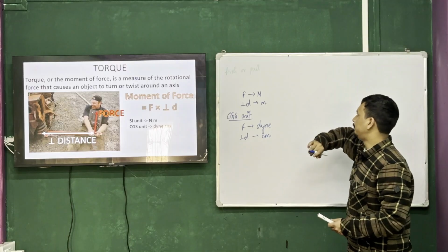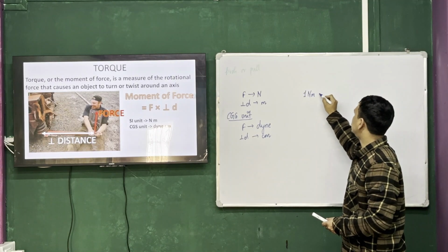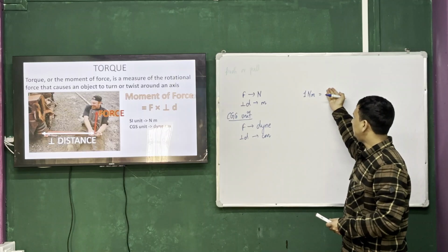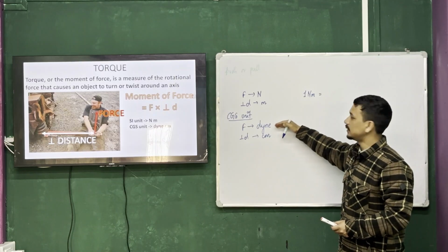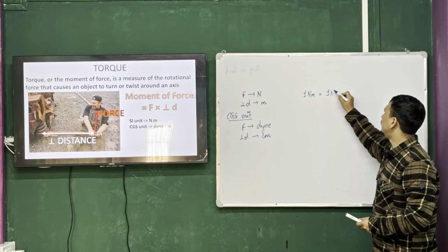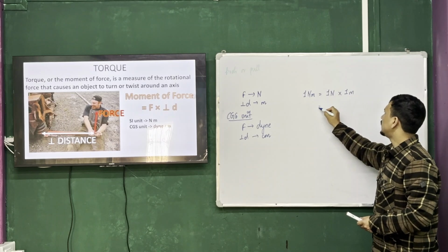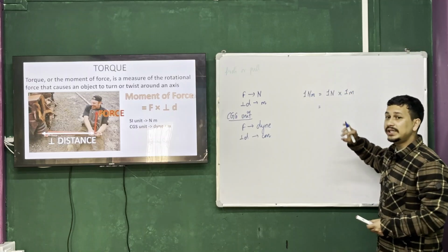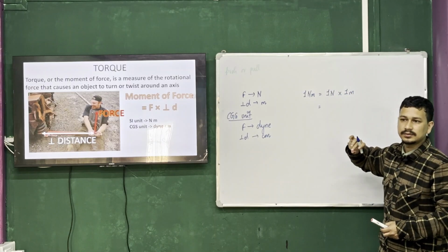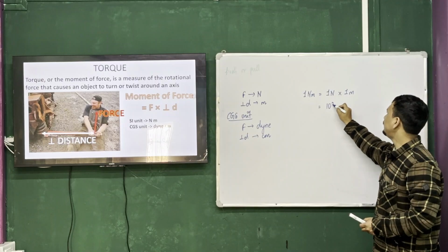Let's try to connect them both. If we take 1 Newton meter, how much will it be in dyne centimeter? See, I got 1 Newton meter by multiplying 1 Newton into 1 meter. Now, 1 Newton is how many dynes? 10 to the power 5 dyne.